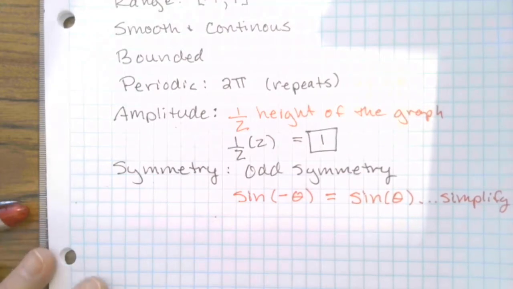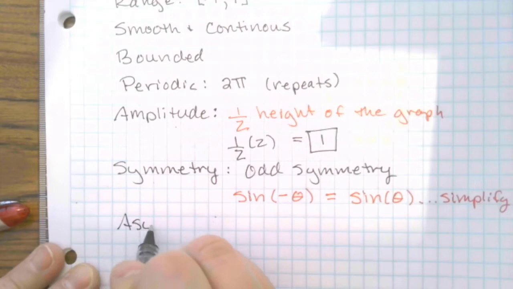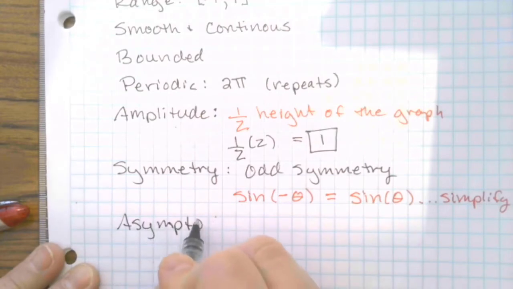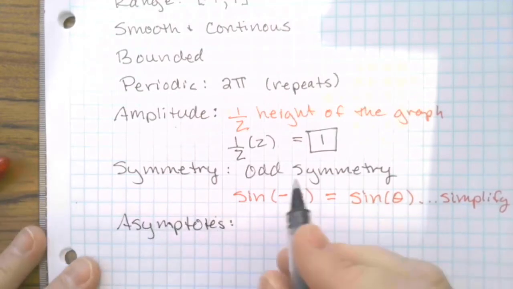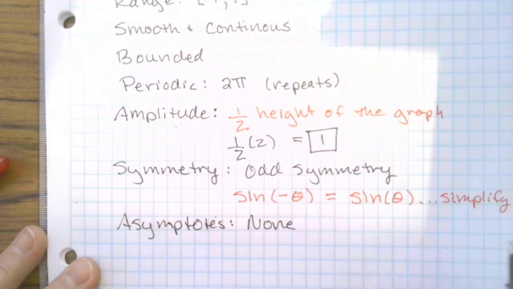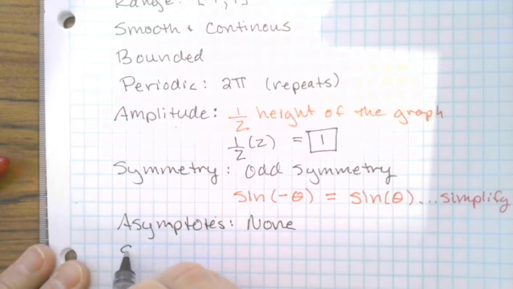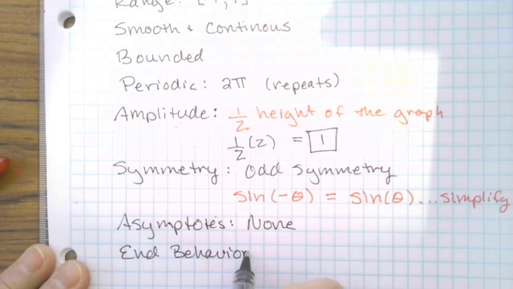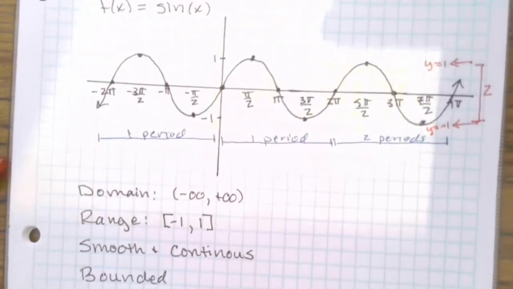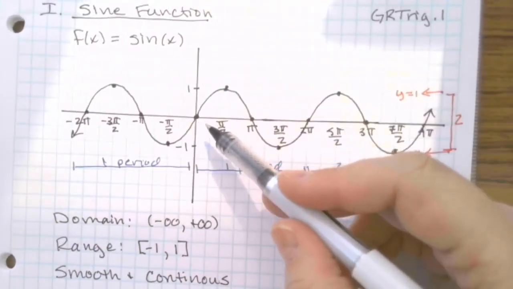Okay, continuing down our list, we have asymptotes. There are none. There are no horizontal or vertical asymptotes. And end behavior. So with a periodic function, as you go to the right, it never settles on anything.